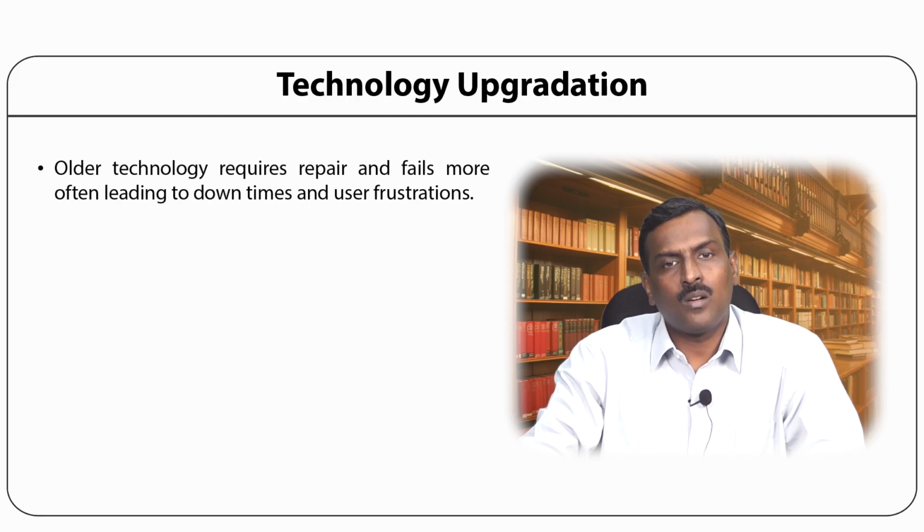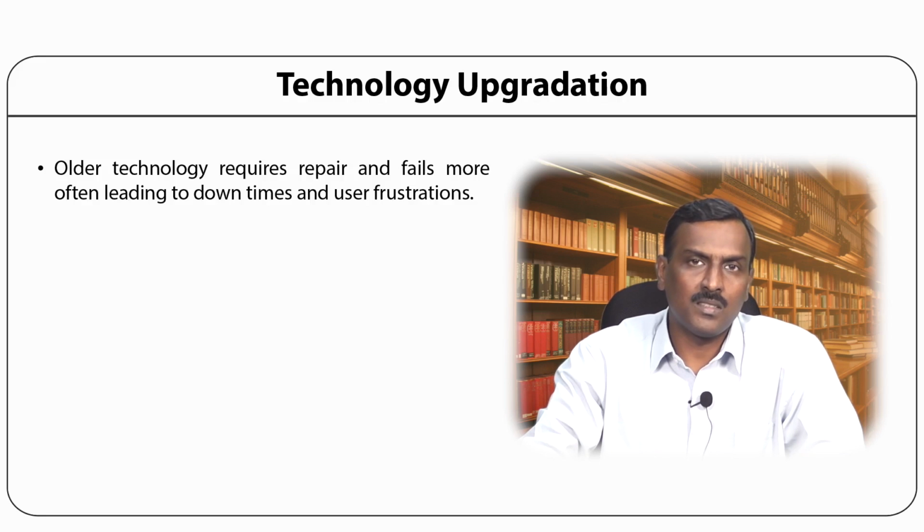Having older technology in libraries requires repairs, and it is susceptible to failures more often than the new technologies. Such failures lead to downtimes, which affect library operations, and also lead to user frustrations, because today the library users are technology savvy.